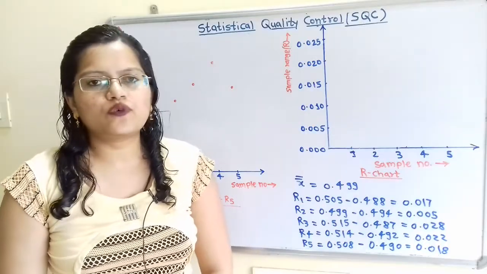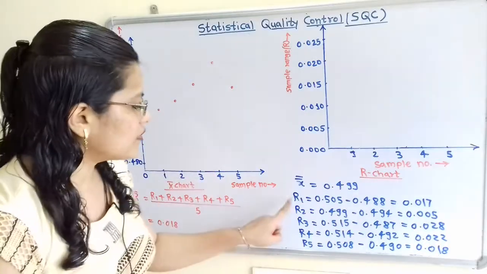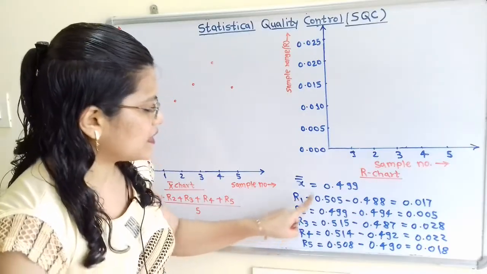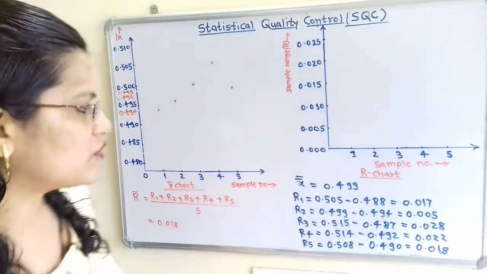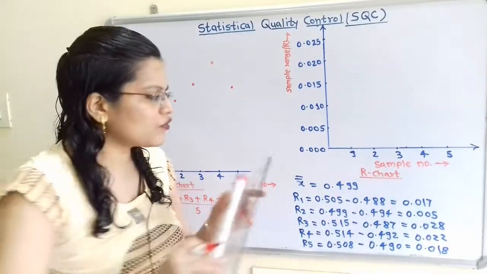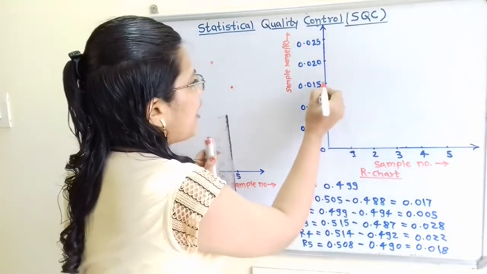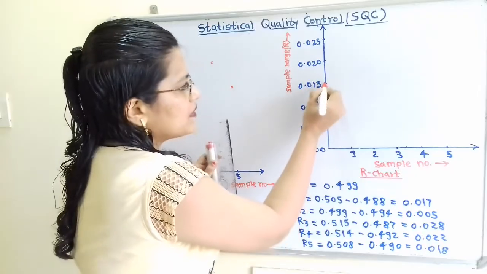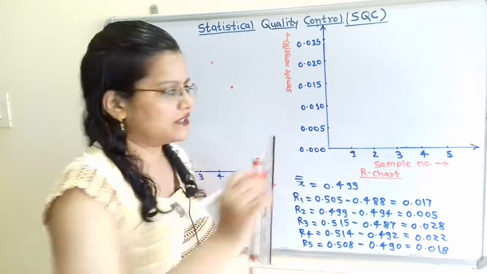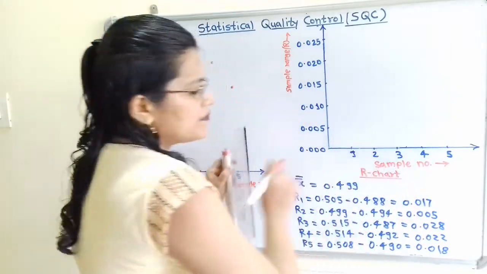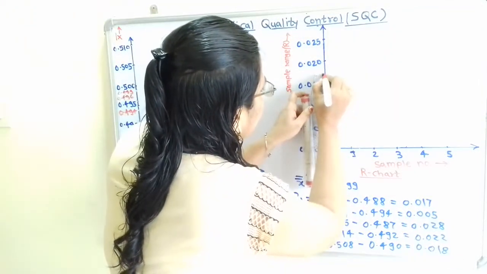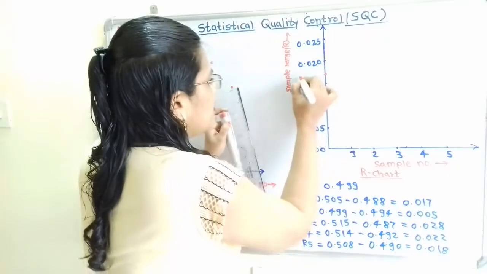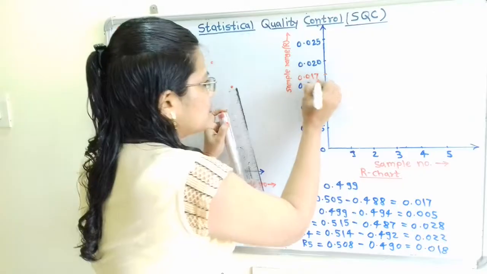Now we will start to plot the values. So first one, for R1, that is for sample number 1, the value is 0.017. For that I will take, after 0.015, there is 2 centimeter distance and then this value will be 0.017. So I will take 2 centimeter distance and plot here 0.017.